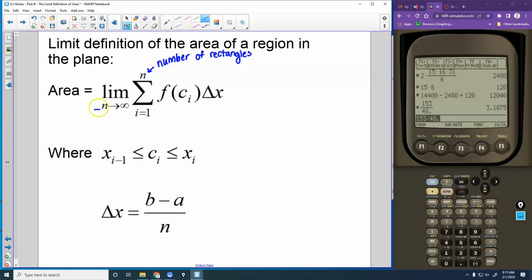And we are looking for where n approaches infinity. So we're looking for infinite rectangles, right? f of c_i deals with the function, so it comes from the function. So plug numbers into the function.